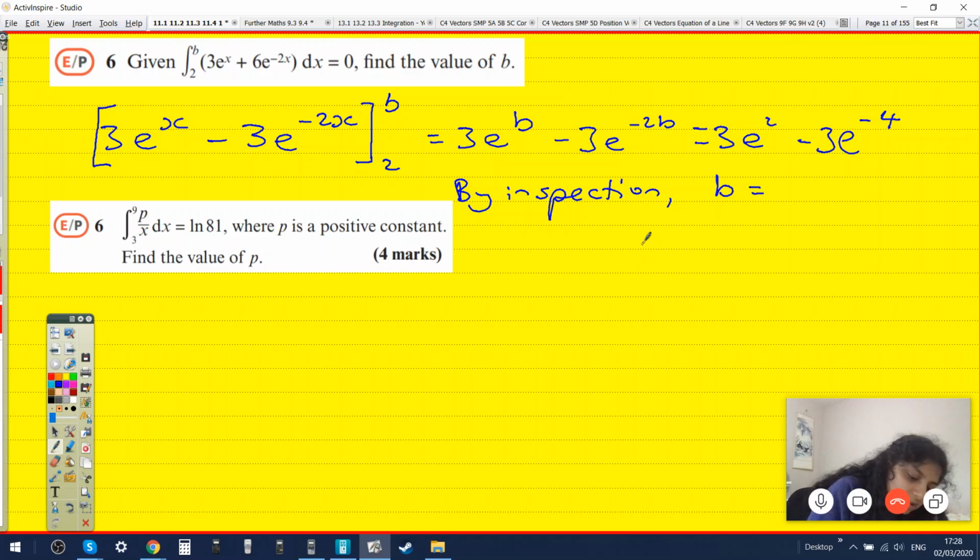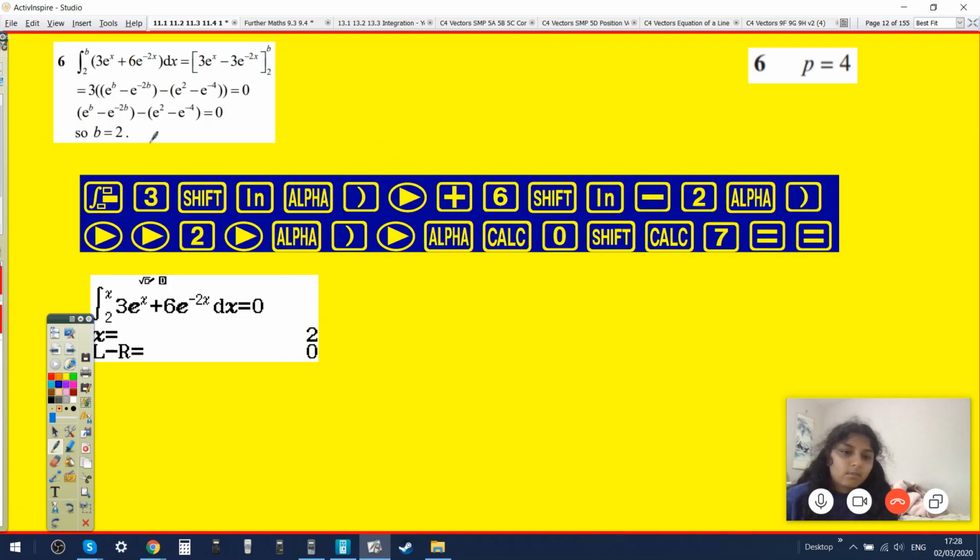I don't know how to solve it. You could do it by inspection. So I just brought the other two to the other side. Oh, I did that as well. So 2 and b is 2. That's it. Okay. B is 2.